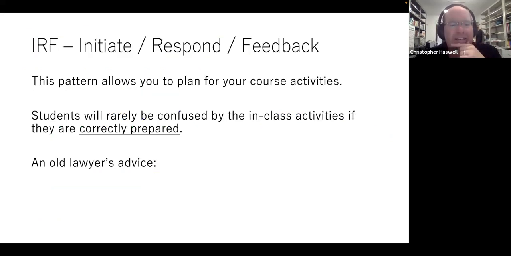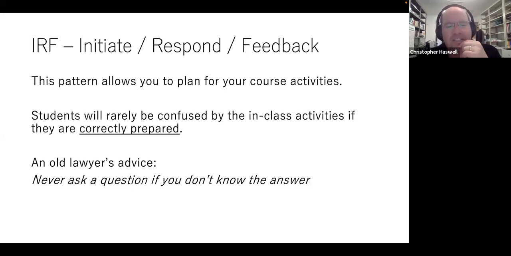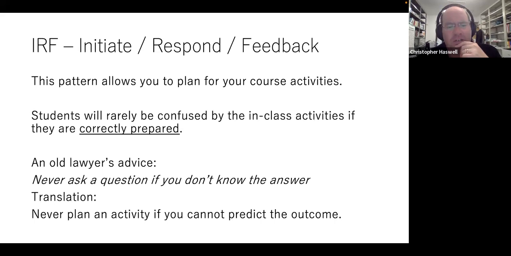So as I say, an old lawyer's piece of advice is never ask a question if you don't know the answer. But also, I think, yeah, I did put the translation, never plan an activity if you can't predict the outcome. Now, not all activities go perfectly, but if you plan an activity and it goes 100% differently than what you expected, that's poor planning.